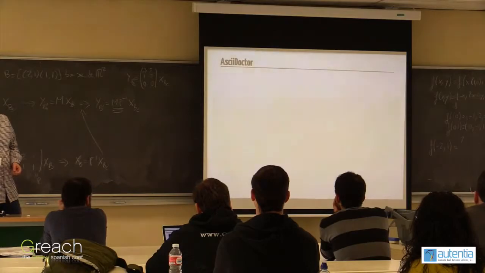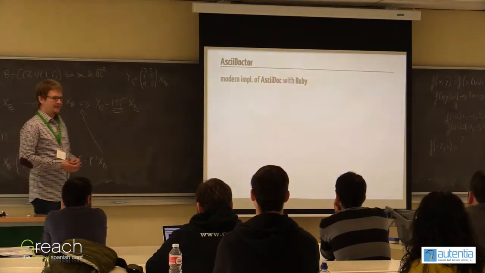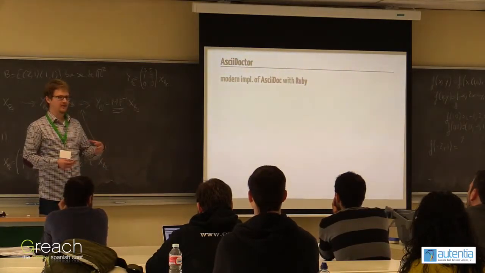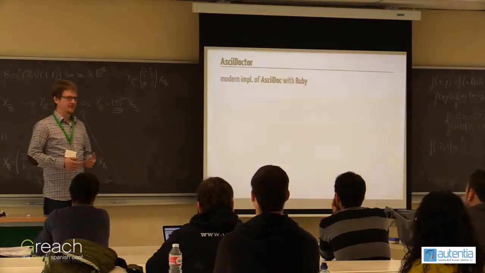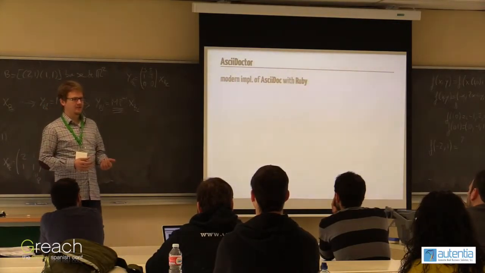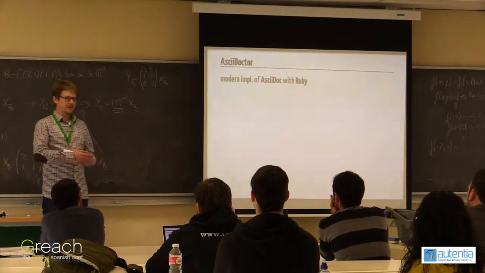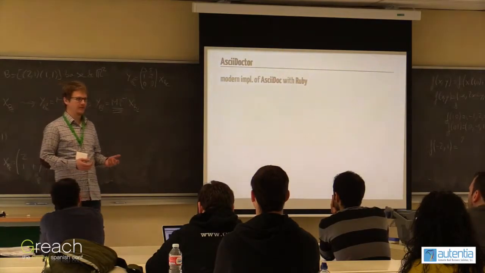Now, from Asciidoc to Asciidoctor: the implementation of the Asciidoc processor got fairly old and was hard to integrate with modern tools. So Asciidoctor was created, which is a new modern implementation of the Asciidoc parser or converter using Ruby.